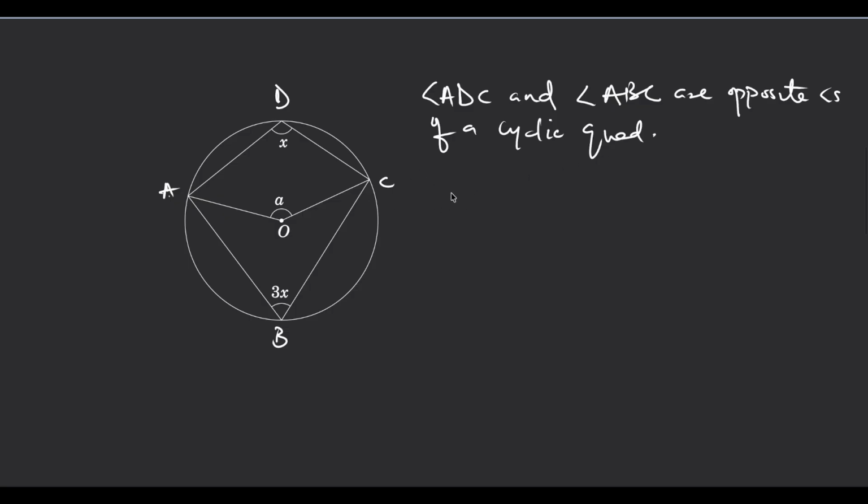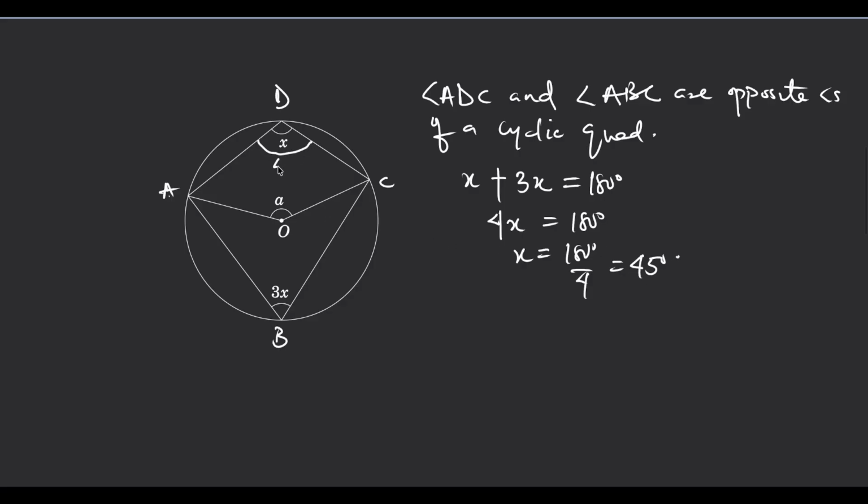Right. So which means that x plus 3x is equal to 180. So 4x equals 180, and then x equals 180 divided by 4. And that's equal to 45. So which means that this is equal to 45 degrees, and this is 45 degrees multiplied by 3.